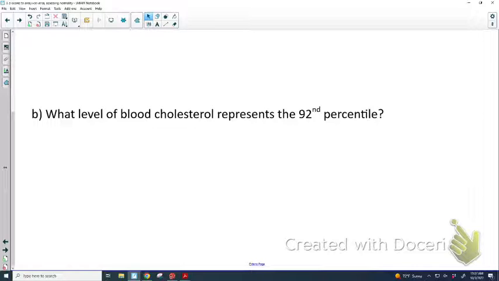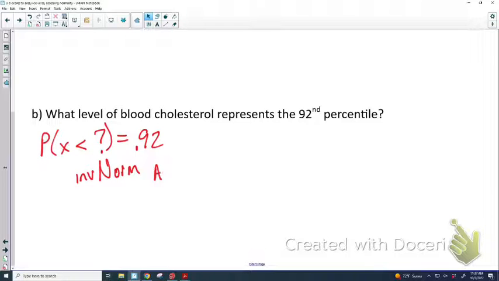92nd percentile. I already defined the distribution above, so now I just need to write the question. What X's fall below what cholesterol level? Or I should say, 92% of X's fall below what? A percentile of 92. So I jump to inverse norm, and I type in an area of 0.92, and I get a z-score of 1.41.